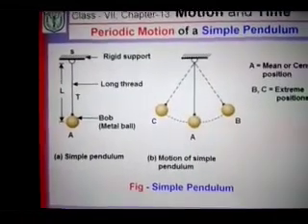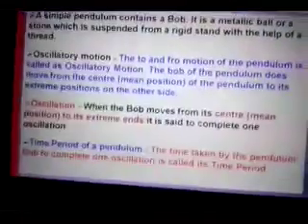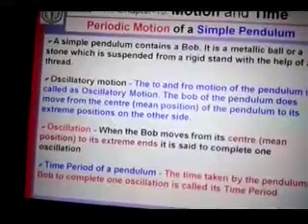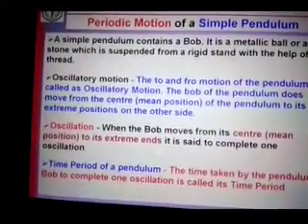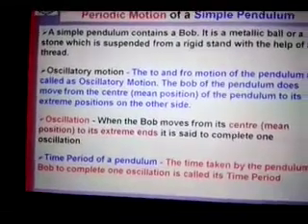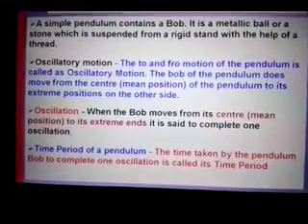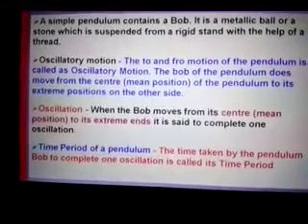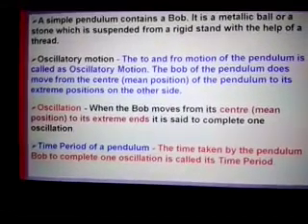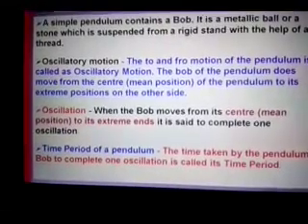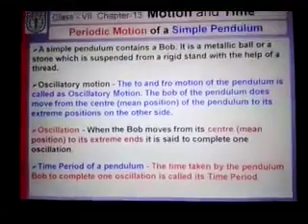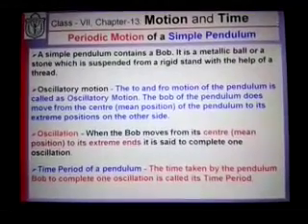It is also called one oscillation. What is the meaning of time period of a pendulum? The time taken by the pendulum for the completion of one oscillation is called its time period. It is denoted by the letter T.